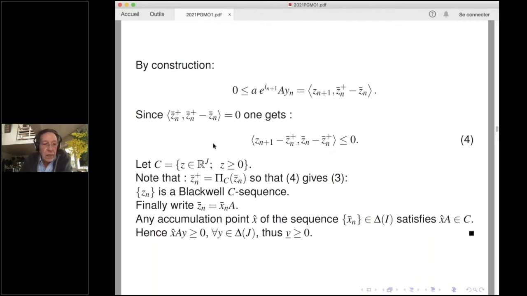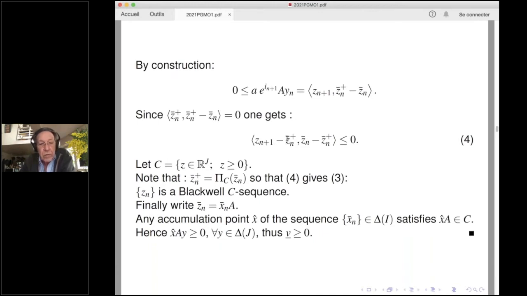Now consider C as being the set, the positive orthant, so the set of vectors in R^J where all the components are positive. When you have a vector in R^J, the positive part is in fact the projection on the positive orthant. So this equation 4 exactly means that this sequence Zn plus 1 is a Blackwell sequence for the set C, which is the positive orthant.